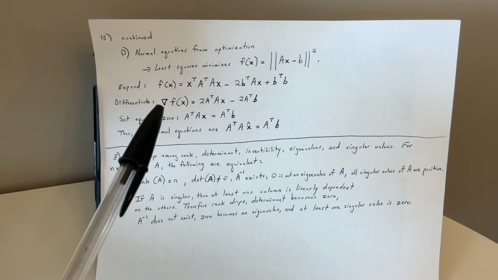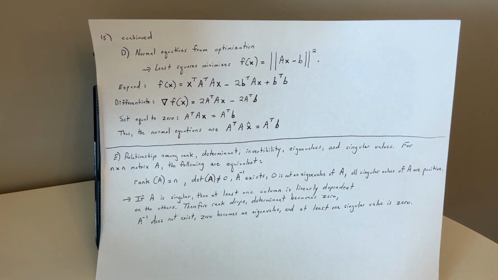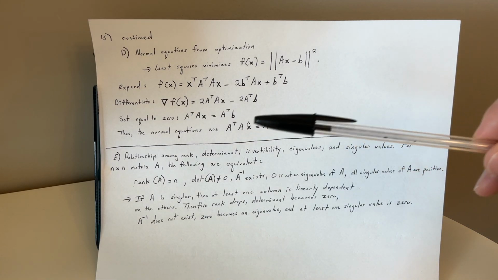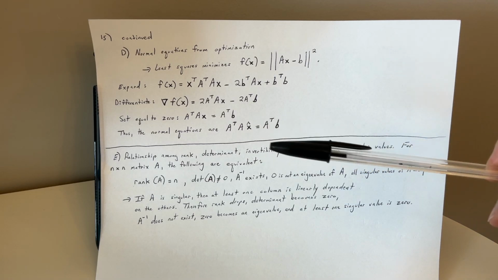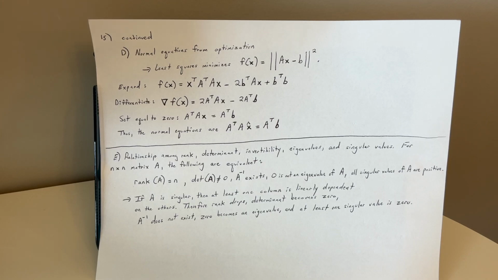If we differentiate, the gradient of f of x equals 2 A transpose A x minus 2 A transpose b. Set it equal to 0: A transpose A x equals A transpose b. Thus, the normal equations are A transpose A x hat equals A transpose b.